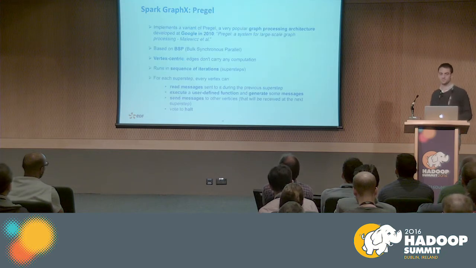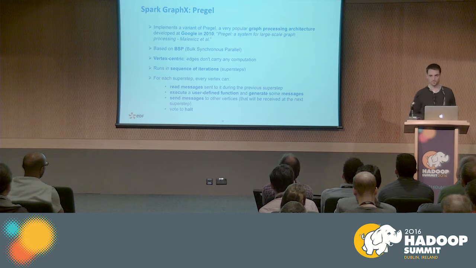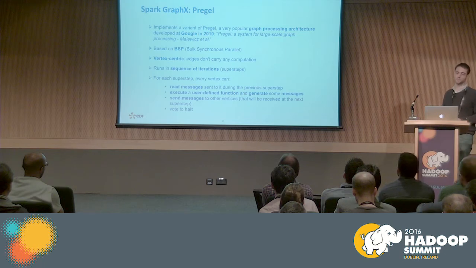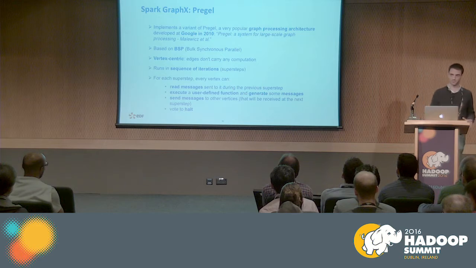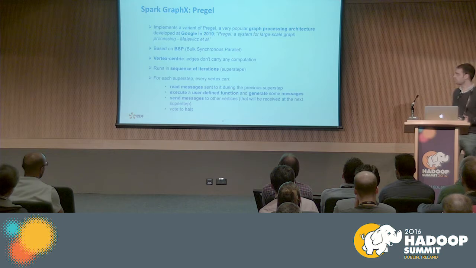The core of GraphX is an implementation of Pregel, a very well-known graph processing architecture developed at Google back in 2010. Pregel is based on the bulk synchronous parallel mechanism, which is, to simplify, some kind of MPI. Pregel is vertex-centric. Algorithms are developed within vertices, and edges don't carry any computations. Pregel works with a sequence of iterations called supersteps.